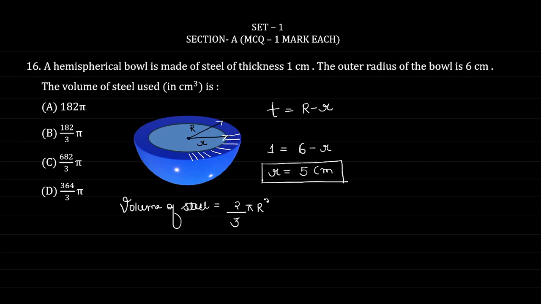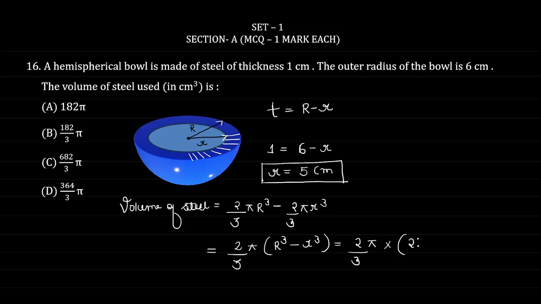We can take the common factor out and we'll be left with capital R cube minus small r cube. We are not doing anything with pi because it is present in the options. Now R is 6, so R cube is 216, minus small r cube, that is 5 cube, so 125.